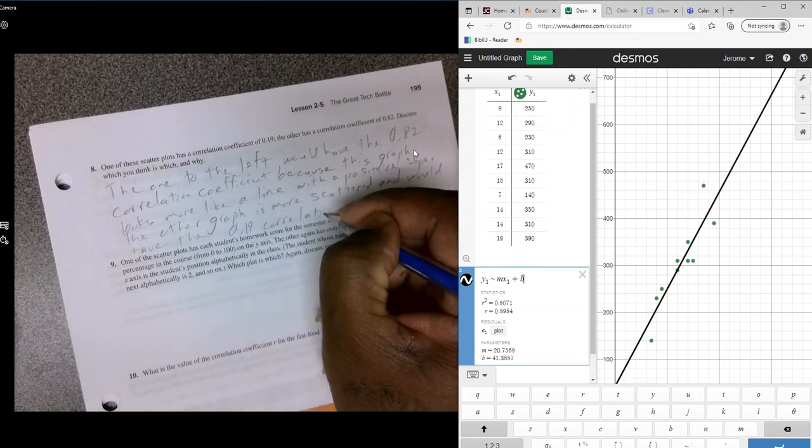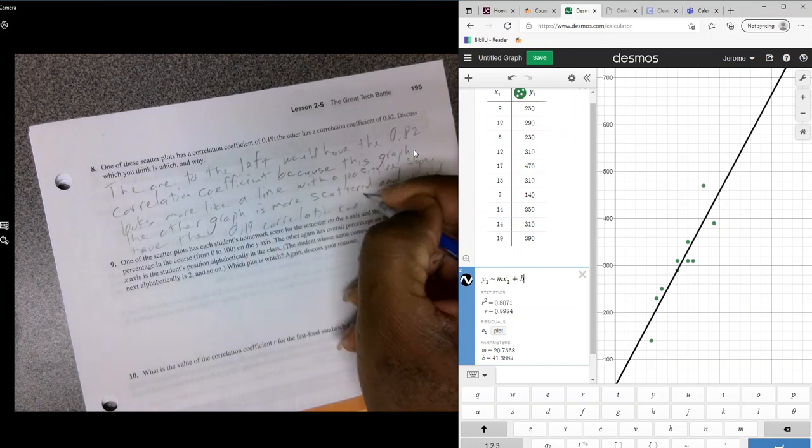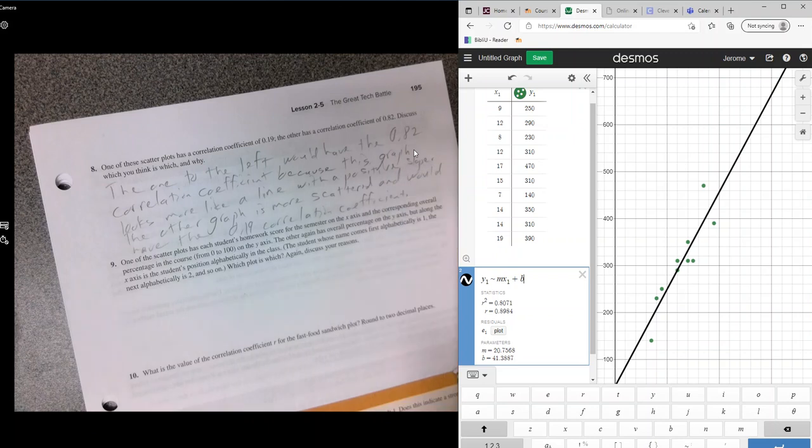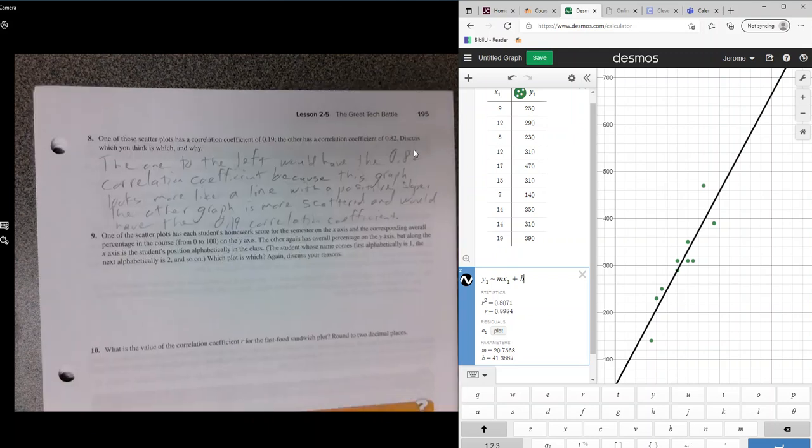Okay, number 9. One of the scatter plots has each student's homework score for the semester on the x-axis and the corresponding overall percentage in the course from 0 to 100 on the y-axis. The other again has overall percentage on the y-axis, but along the x-axis is the student position alphabetically in the class. The student whose name comes first alphabetically is 1, the next alphabetically is 2, and so on. Which plot is which?